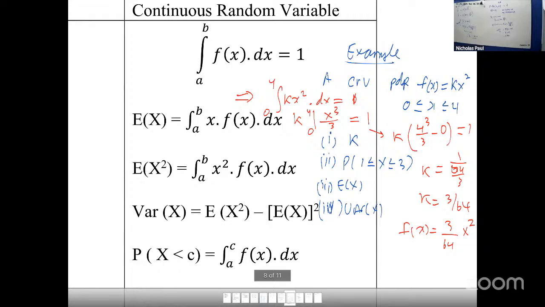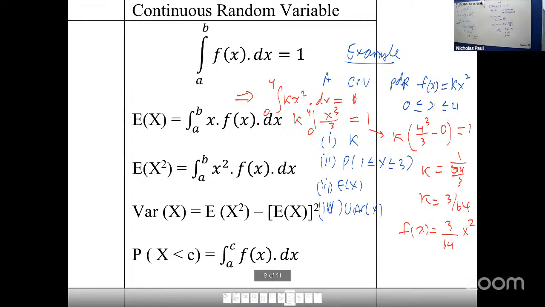Anybody confused there? I just integrate and I solve for k. Any questions?